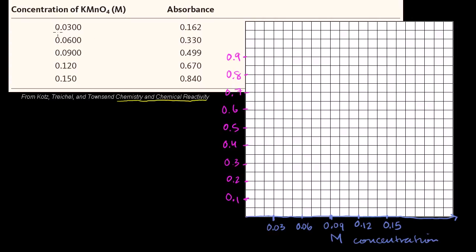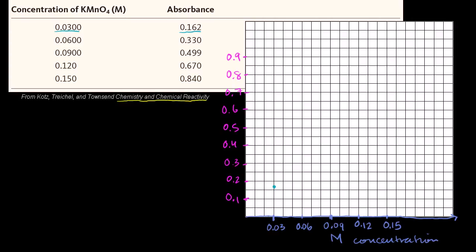So let's plot the first one. When we had a concentration of potassium permanganate at 0.03 molar, our absorbance was 0.162. So 0.03, and then it goes to 0.16. This is 0.15. So 0.162 is going to be right over there.